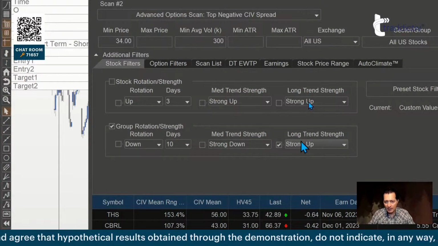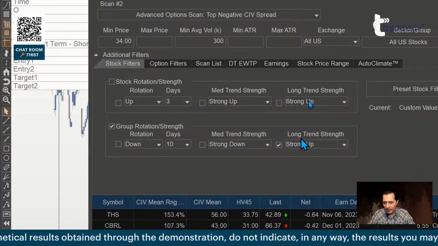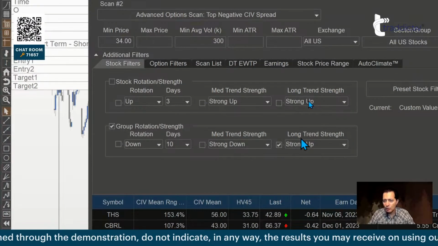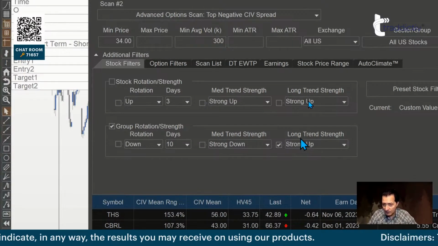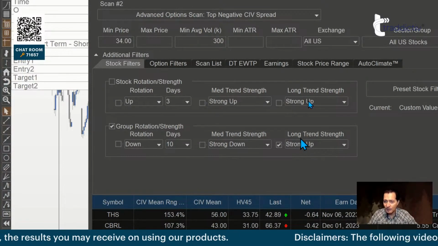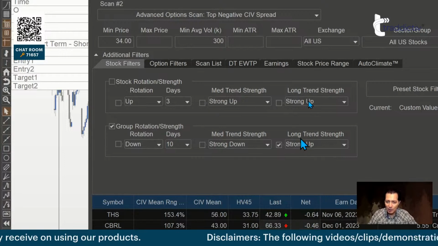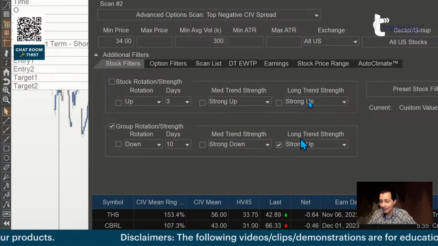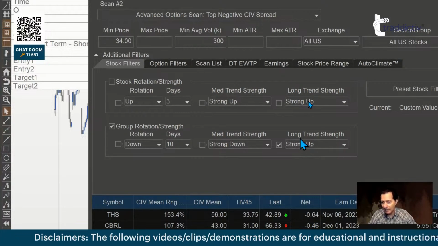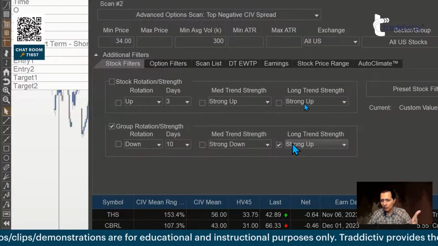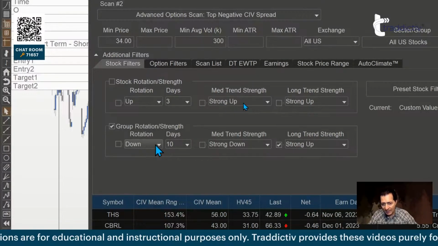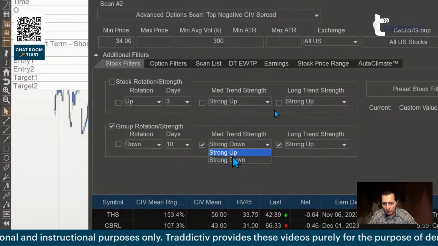So if you're trading, let's say, stocks that belong to financials, you want the financial sector to be up. So your stock is more likely going to be moving up because all the stocks that belong to its group are also moving up, or at least many of them. So you will want to check, depending on the timeframes that you use and your trading plan, you may look at the long-term trend, the mid-term trend.